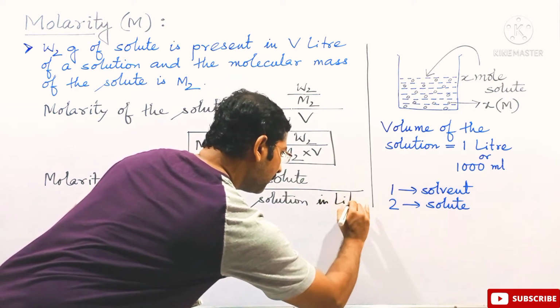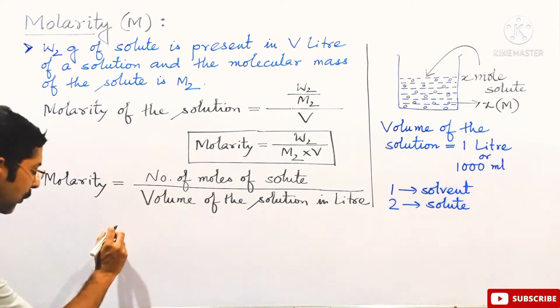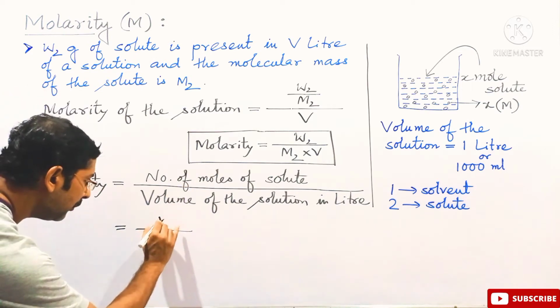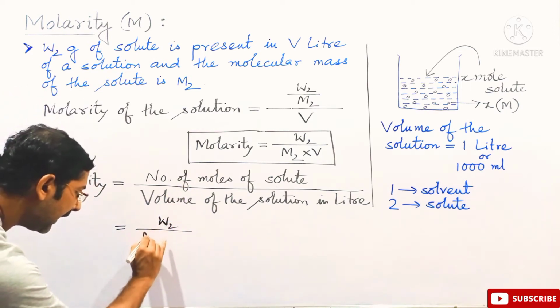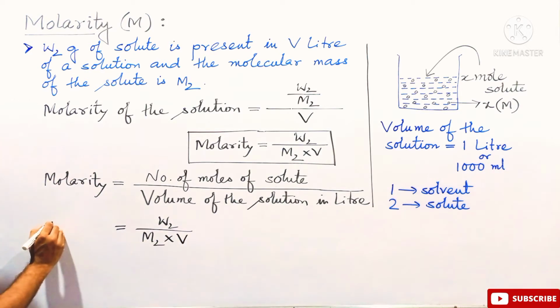So this is the expression of molarity. Molarity equals W2 divided by M2 into V. This is molarity, right?